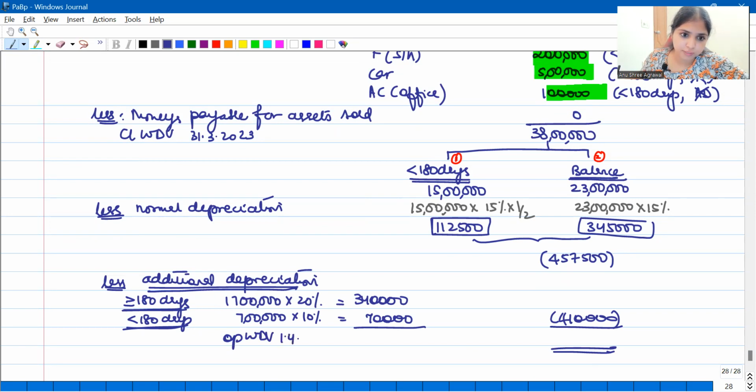So give your final opening WDV number, opening WDV on 1st April 2023. Be careful. Your closing WDV number is 38 lakhs. 38 lakhs minus these two depreciation numbers, you will get 29 lakhs 32,500.